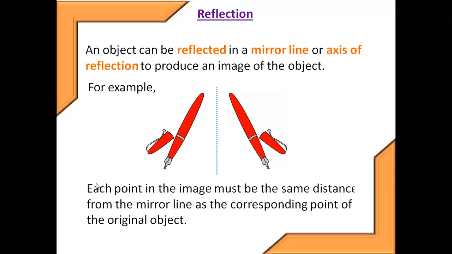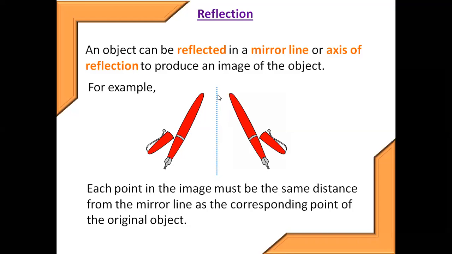So here, each point in the image must be the same distance from the mirror line. Yani the distance from the original pencil here to the mirror line should be exactly the same distance as each point of the image of the pencil from the mirror line.